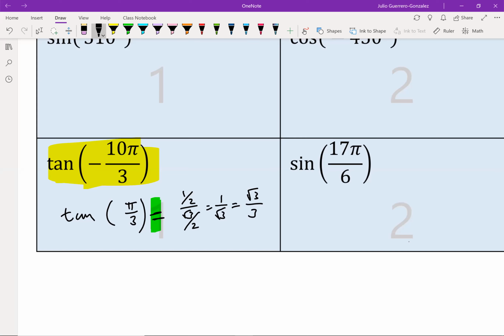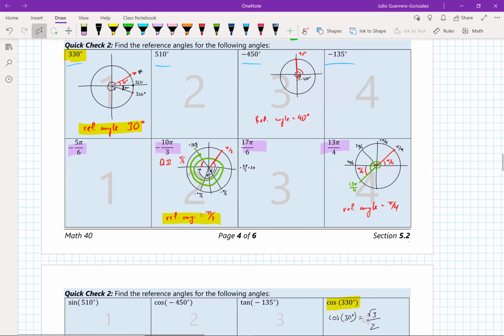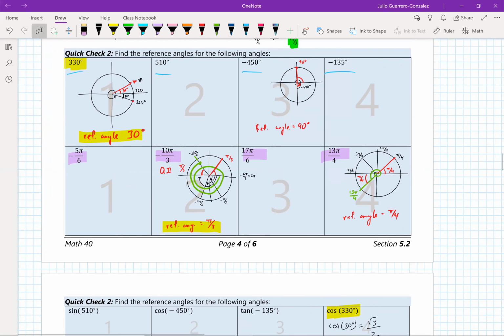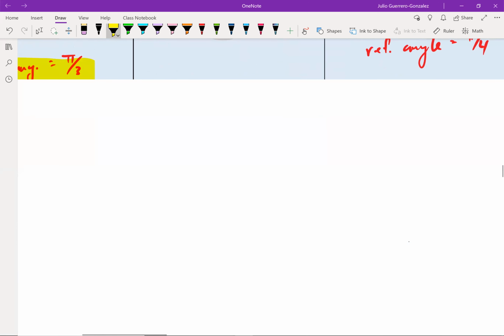Okay. Next one. 450 degrees. The reference angle is 90, right? So we get to just use the 90-degree one.